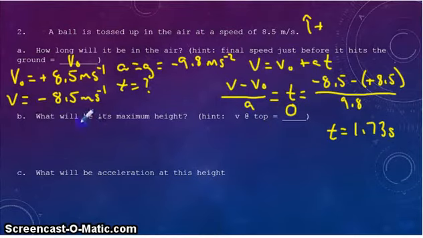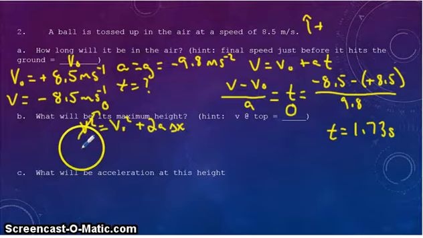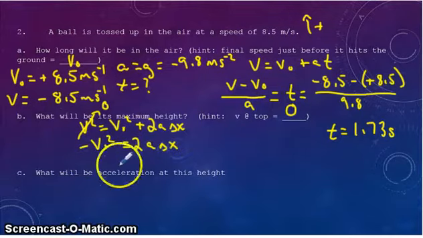So I could use the timeless equation, v squared equals v naught squared plus 2a times my change in height. At the top, v is 0, so that is gone.